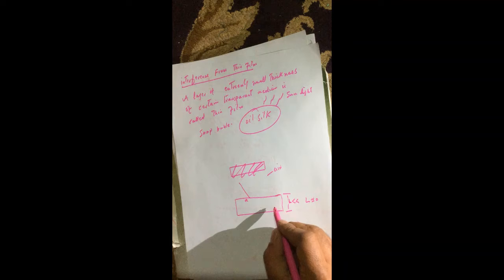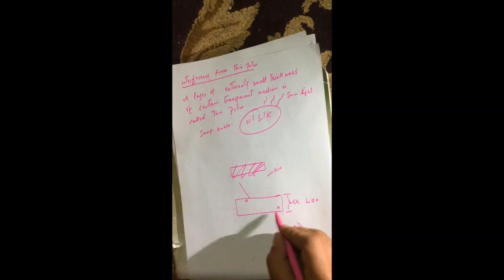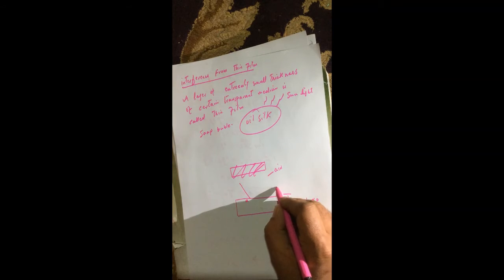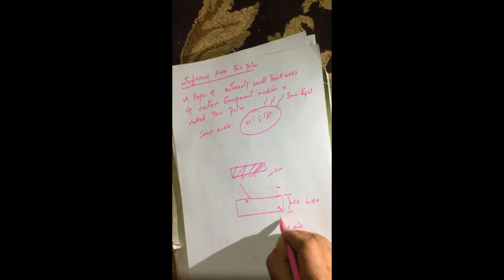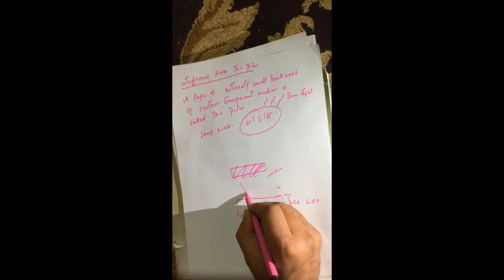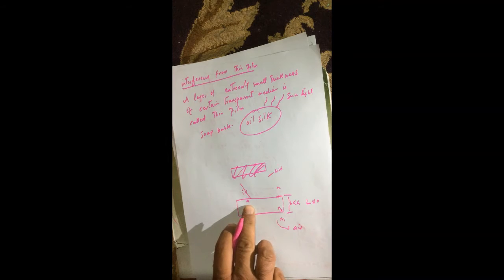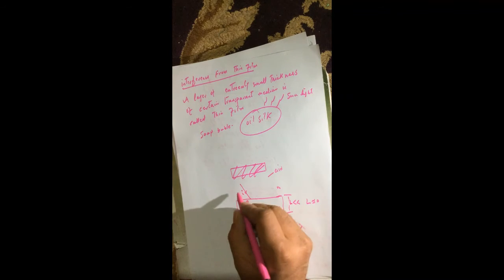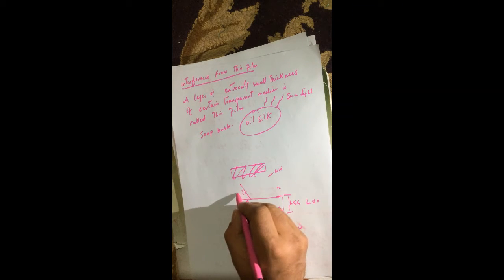The refractive index of this film is, let's say, N2. This is air, and its refractive index is N1, and this is also air, so I call it N1. Let's suppose this ray has a wavelength lambda.